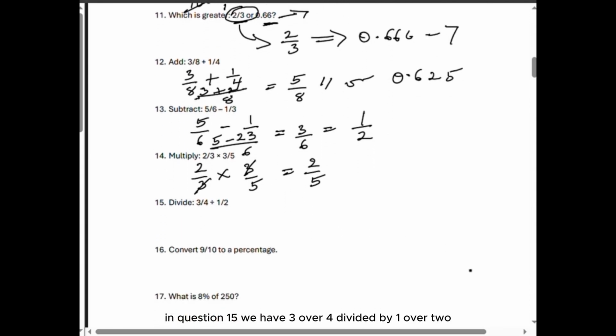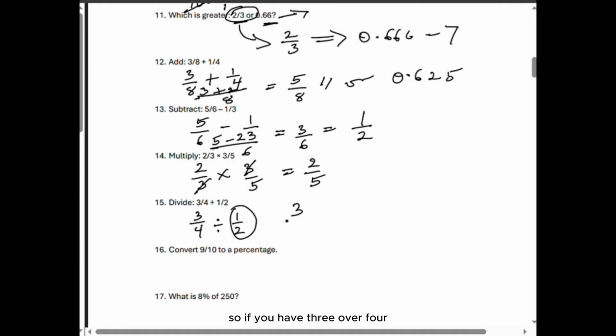And question 15, we have 3 over 4 divided by 1 over 2. In maths, it's very easy to work with a multiplication sign. So if you want to work with a multiplication sign, you need to invert the figure after the division sign.